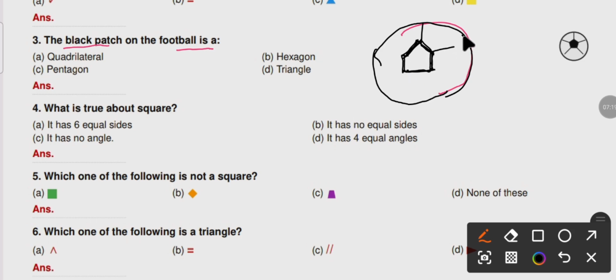Because it's very difficult to draw the patches with this side, with this corner, like in this way.